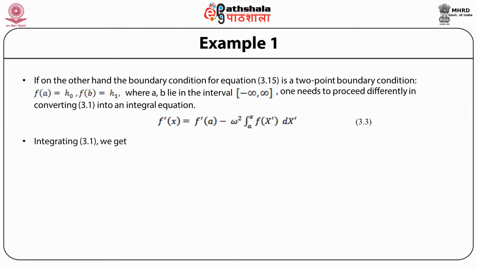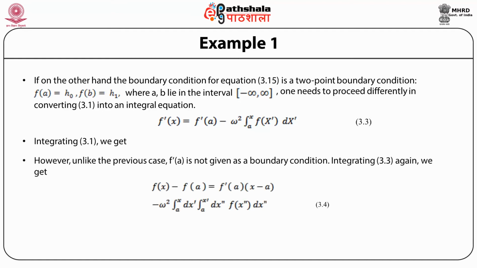If we integrate this equation once, we get f prime(x) minus f prime(a) is equal to minus omega squared integral of f(x prime) dx prime from a to x.